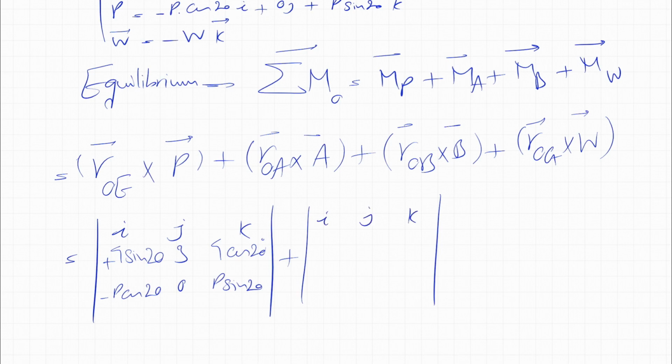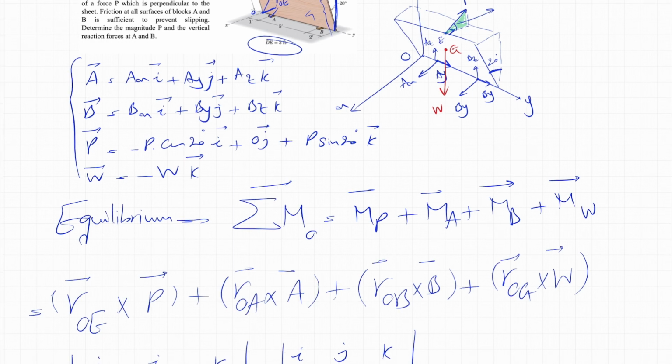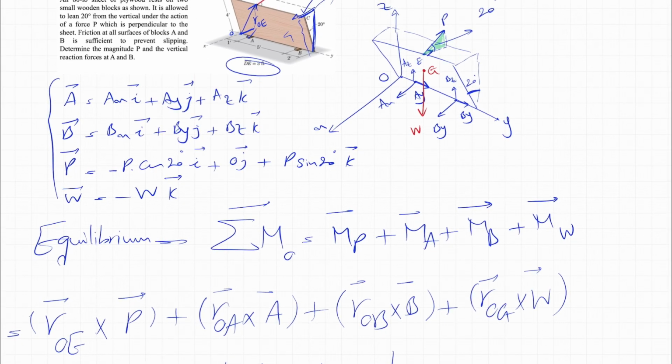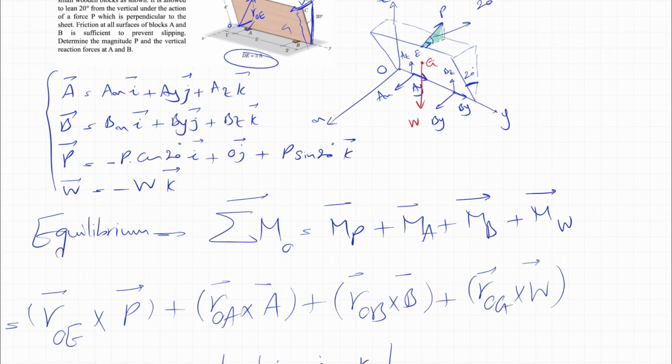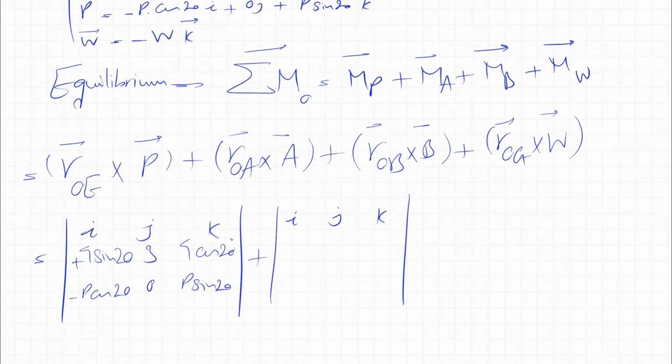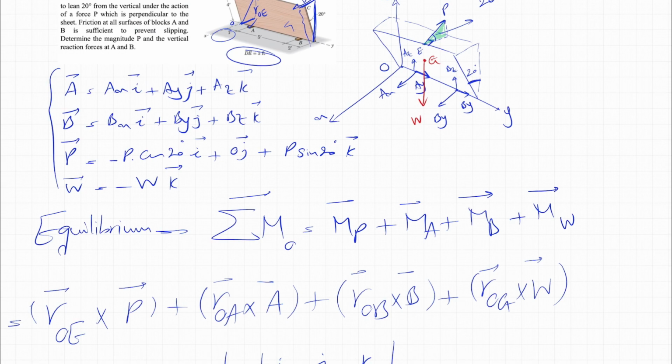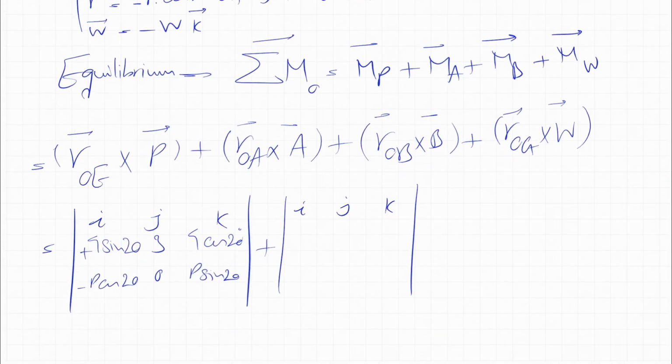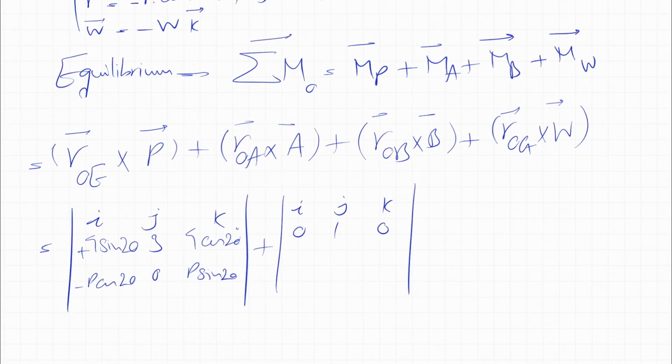And the second matrix that we have would be our OA. We'll have I, J, K. From O to A, the only distance that we are moving is in the Y direction, which we know from the question is 1 foot. So it will be only the Y component: 0, 1, 0.